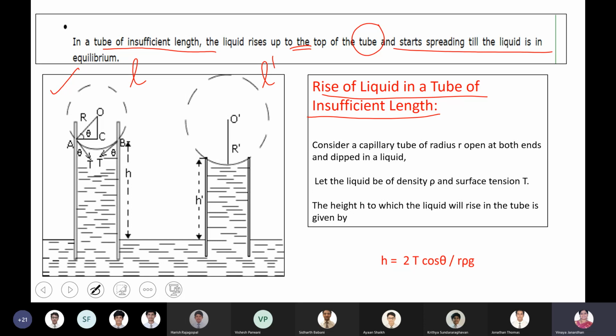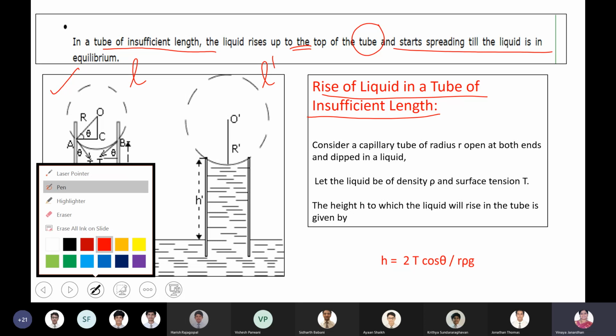In the tube which has insufficient length, the liquid will rise to the brim of the tube and then start spreading out. It means its radius of curvature will readjust itself.